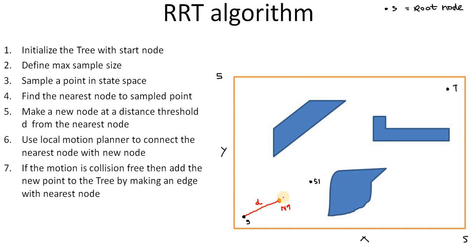Now we check whether this node is in free space or not. If this node and the edge that connects the new node with the nearest node are both in free space, then we add this node to the tree. Here was our tree, and we say that node N1 is a child node of node S.